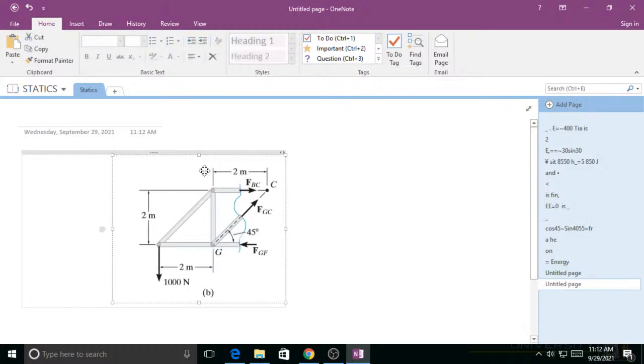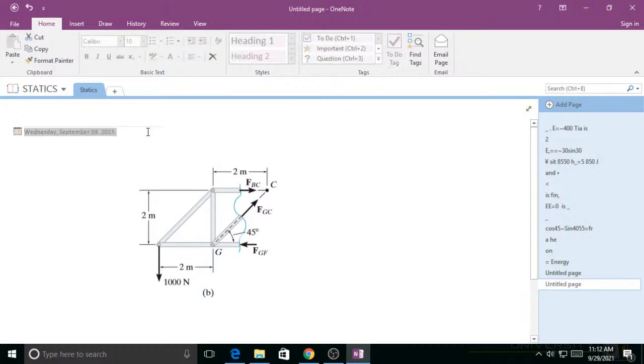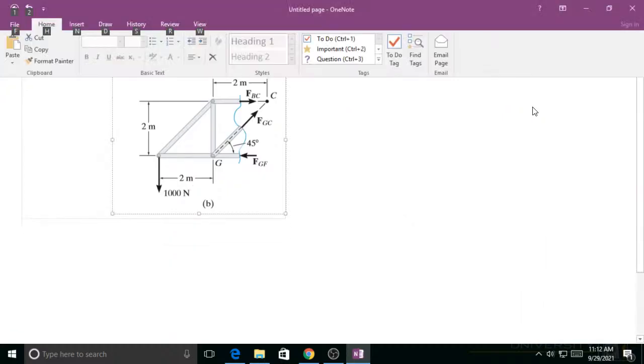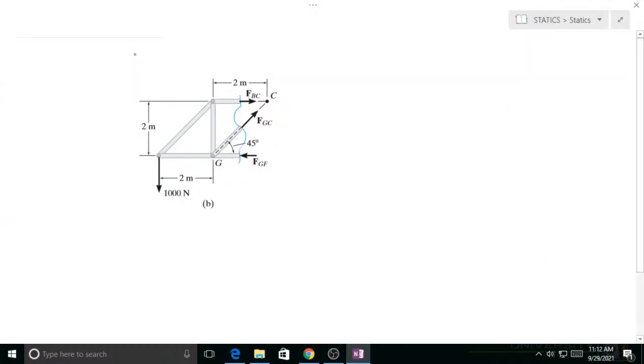So if I go look at the left half here, what's interesting is I can come in here, hit the Alt key, get myself the drawing, and pick this particular spot. I can look at the left as though it's an entire structure, and I can sum the moments about this point right here, equaling 0.